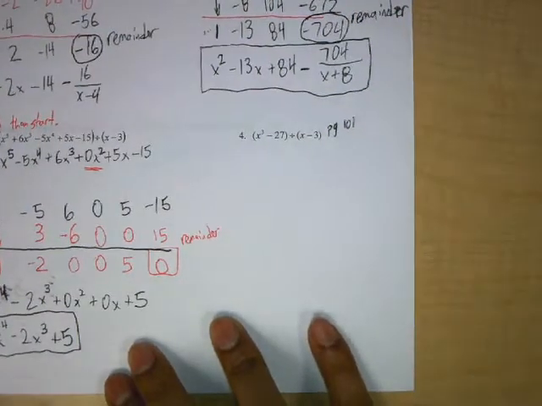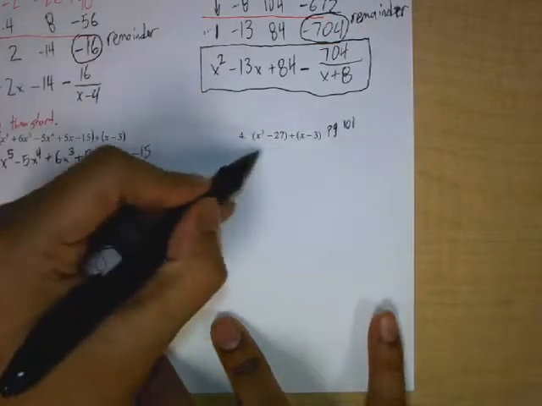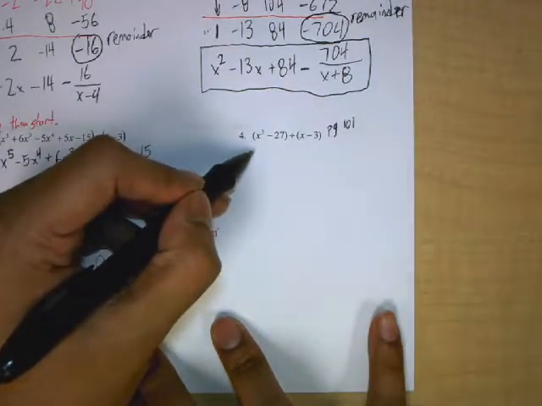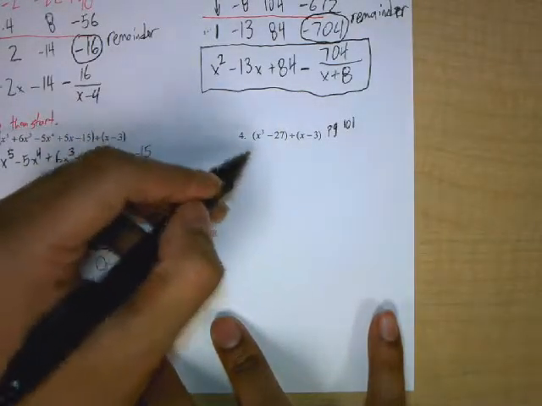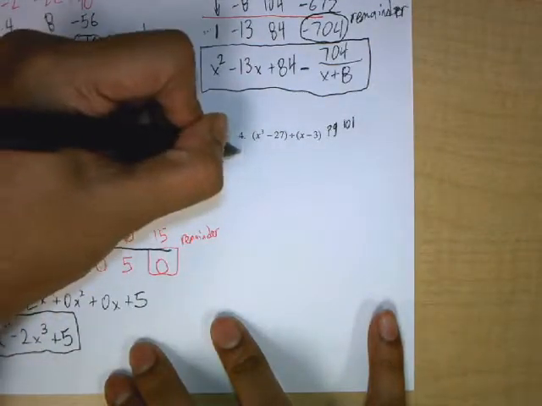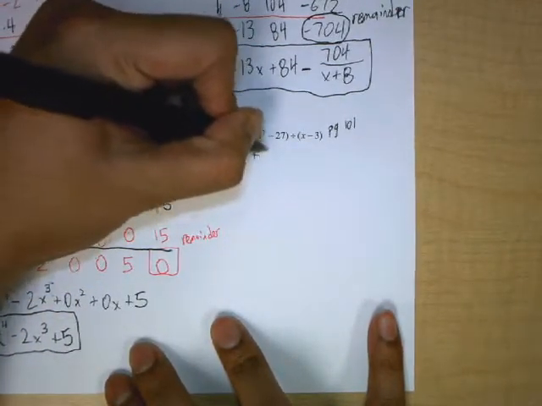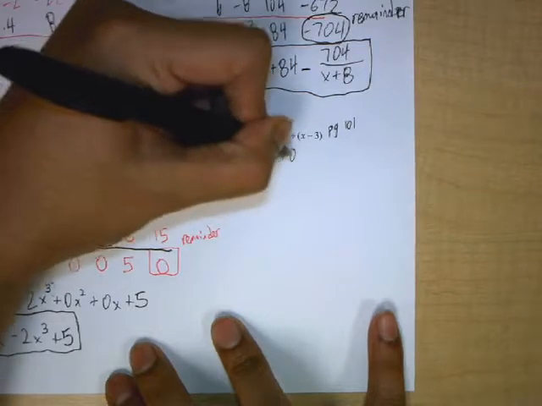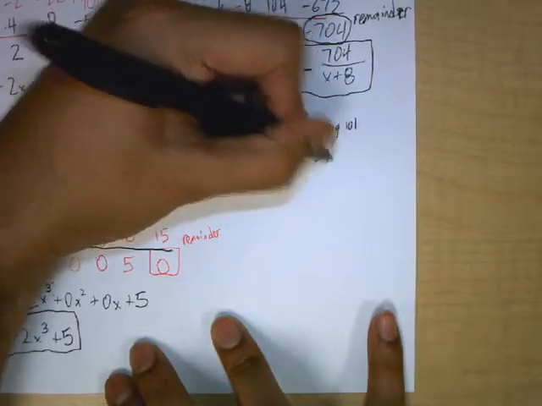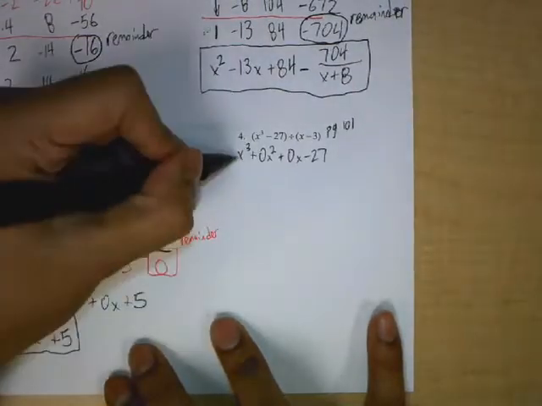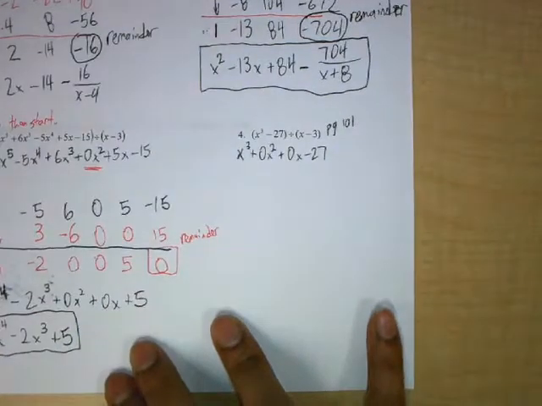The first thing you should note here is there are missing terms. So let's fix that before we get any further. X cubed plus 0x squared plus 0x minus 27. So that is my first polynomial that I need to divide.